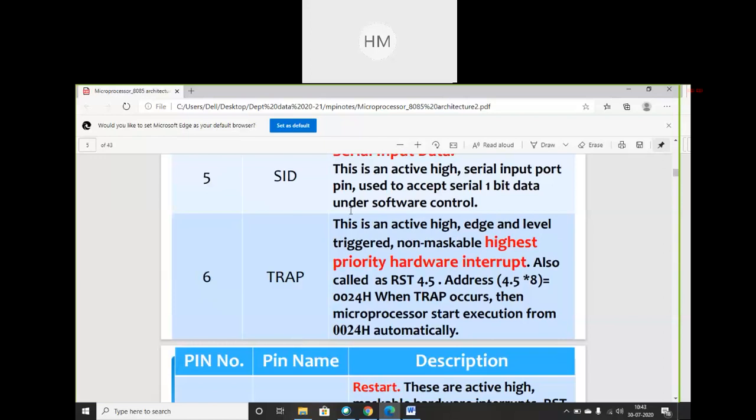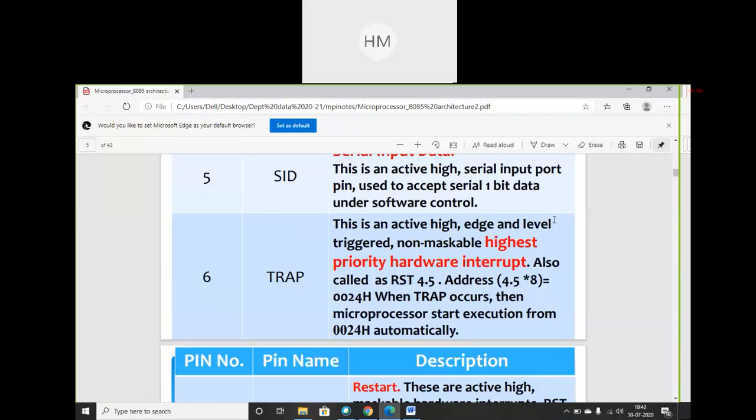It requires an active high, edge and level triggered, non-maskable, highest priority hardware interrupt. Clear? So it is the highest priority hardware interrupt. It is a non-maskable interrupt. We have discussed it in the architecture diagram. But we should know which kind of pulse is to be given. A square pulse will be given, it is high, but edge and level triggered.